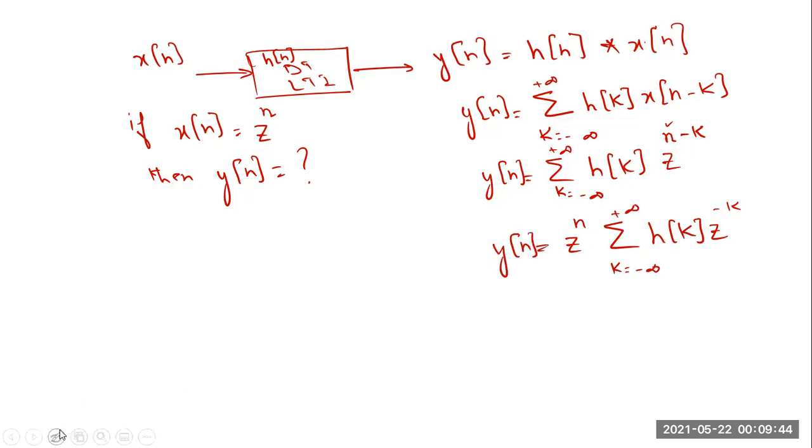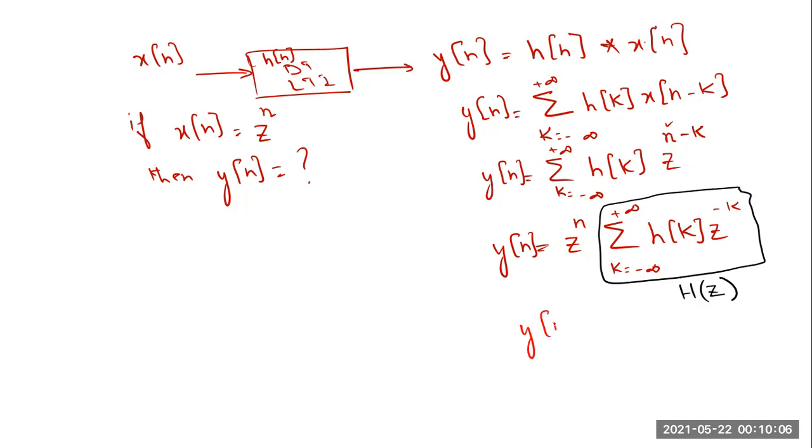Now you can clearly see that this is going to be some constant. We can represent this whole summation by a function H, which is dependent on z. So the output is z to power n into H of z.